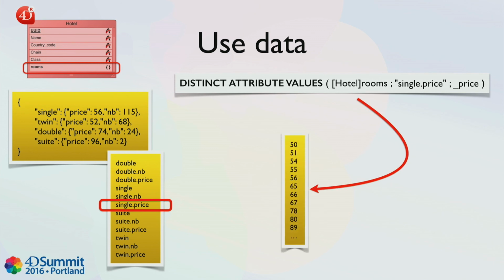And the result is an array like this. On 56, the value for the single, the price of the single, is in the array. But the 52, the price for a twin, is not in the array, of course.